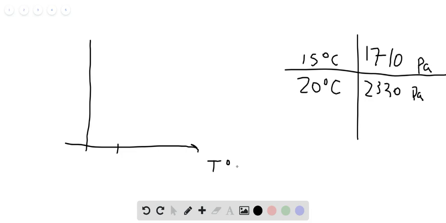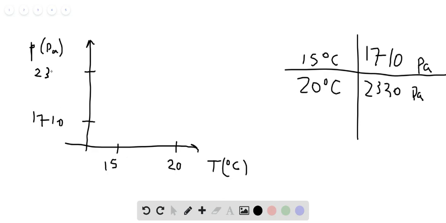If we have temperature in Celsius here and pressure in Pascal here, well, we can place those 2 points on this graph. 1520, 1710, 2330.